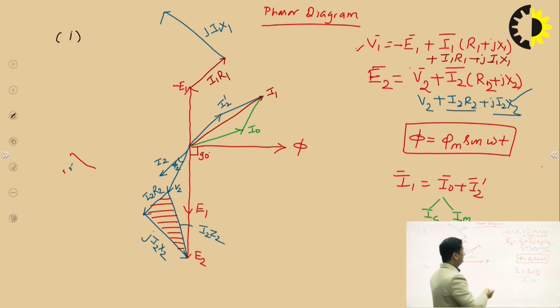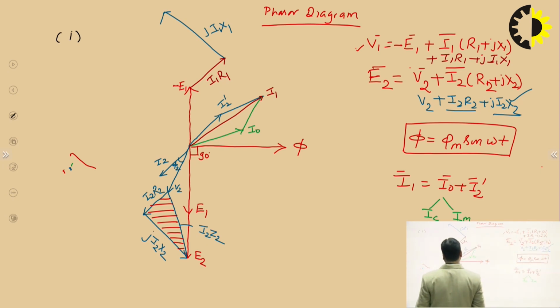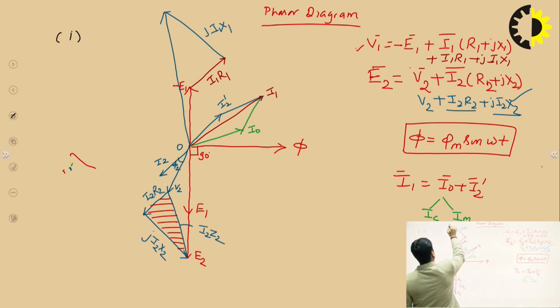And now this is V1. If we join the initial part and the final one, we calculate the voltage V1, the phasor of V1.